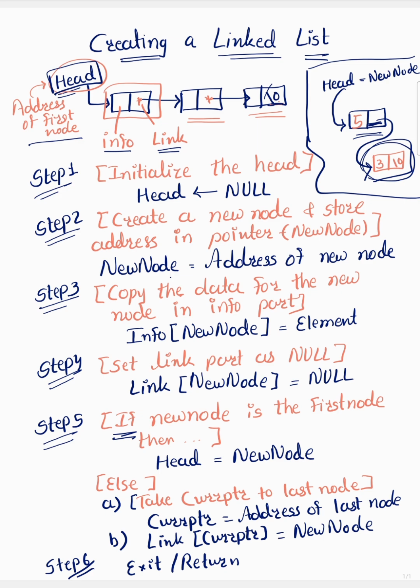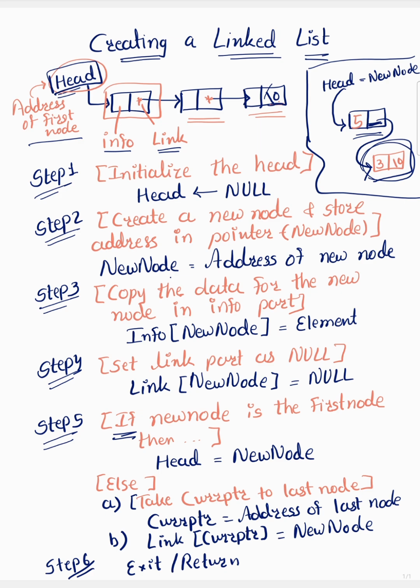Then we created one blank node using calloc or malloc, whatever you want, and I stored that address in a pointer called new node, right? Then in the info part of new node I assigned the element, and in the link part of new node I assigned null, because after that I don't have any other node.